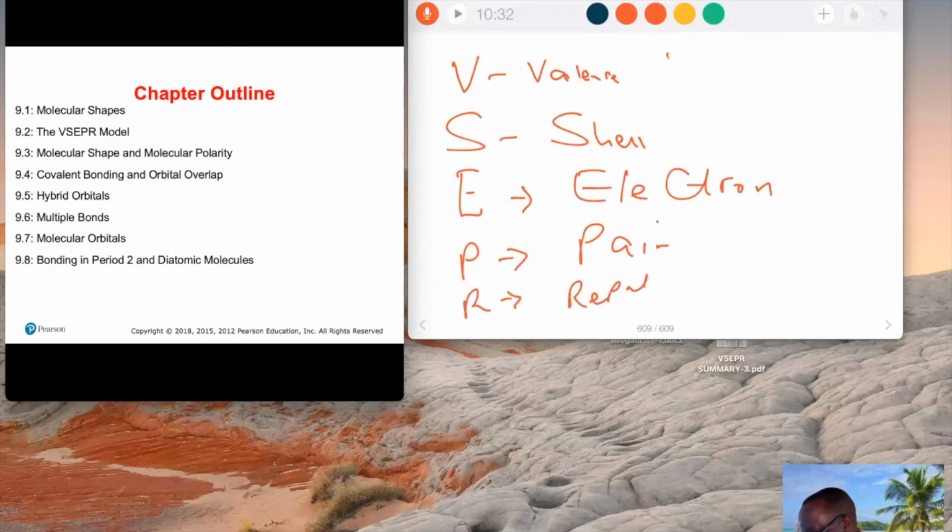Why repulsion? Electrons are negatively charged and they tend to repel each other. That's where the term repulsion in VSEPR comes from.